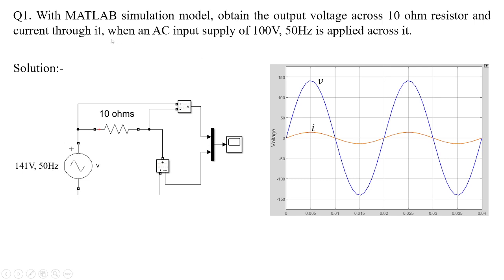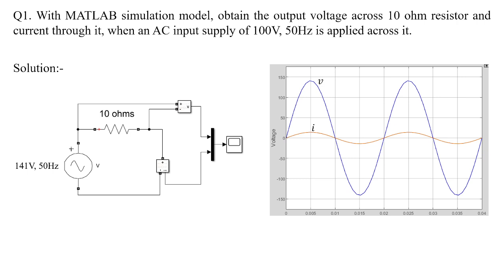I have mentioned 100 volts here, whereas in the practical model I have taken 141 volts. Why has this happened? Because in most problems, the RMS value of voltage is given. So here 100 volts represents the RMS value of voltage, and 141 volts represents the peak value of voltage.